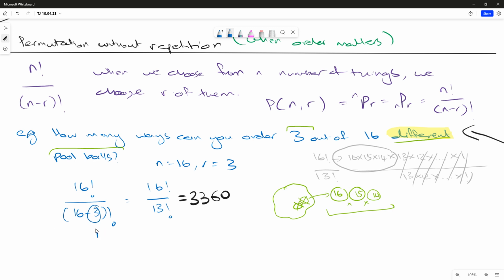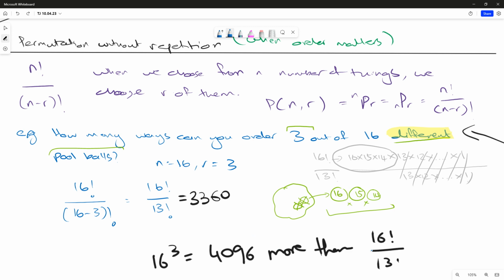By dividing and canceling it out, we are decreasing the total number of ways considerably because we're only choosing 3. So 16 cubed is 4096, which is more than 16 factorial divided by 13 factorial, because here you're reducing that amount.